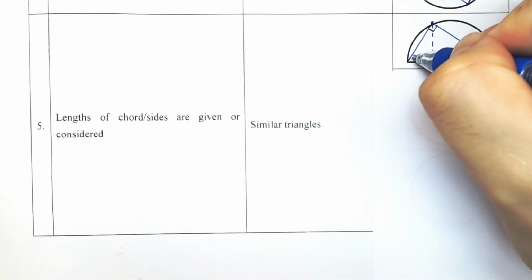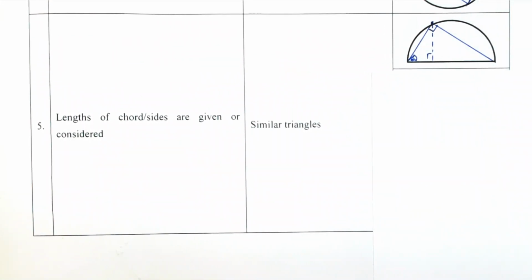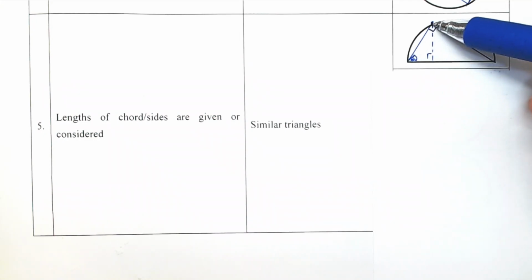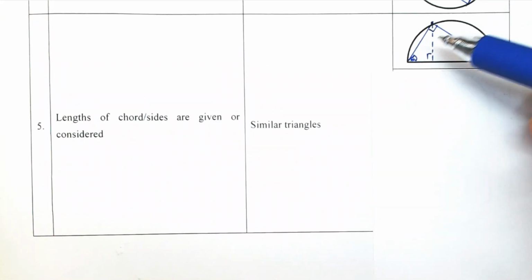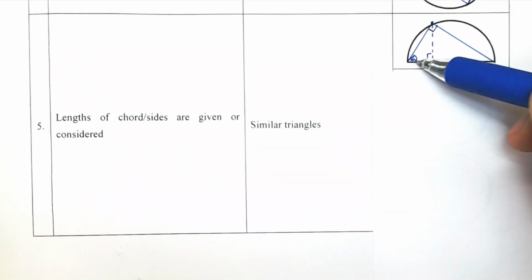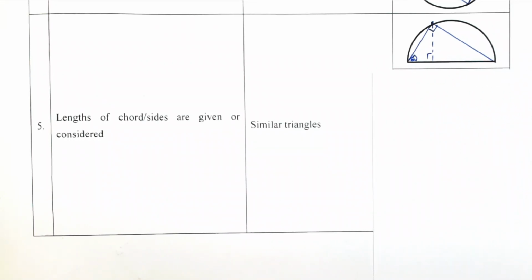Due to the fact that this is a common angle between the small right angle triangle and this large right angle triangle, the small triangle here and the large triangle here are similar. Then you may need to use corresponding sides of similar triangles to help you find something related to length.